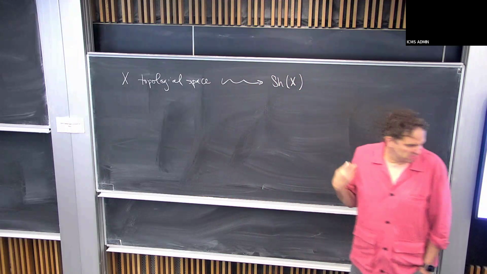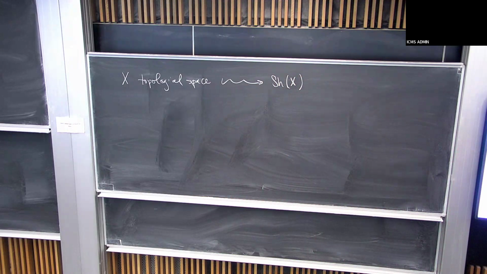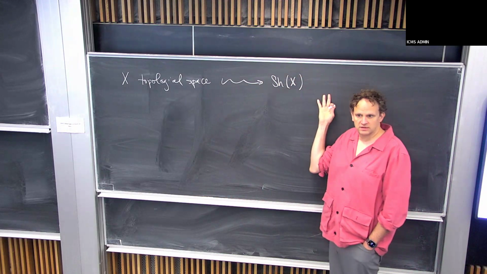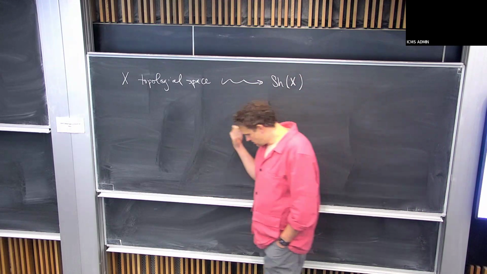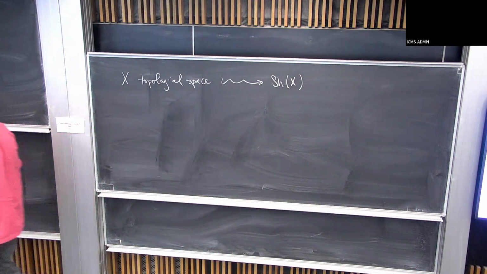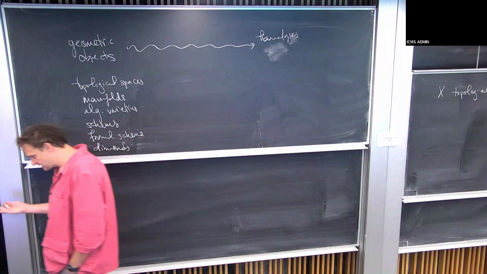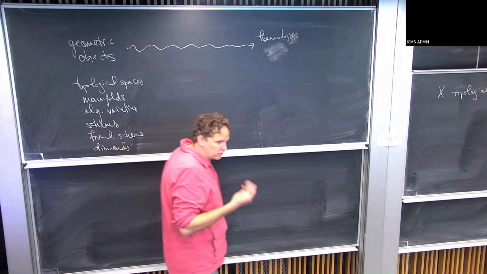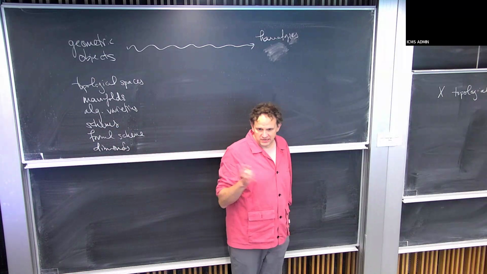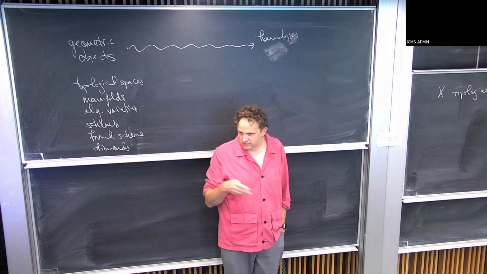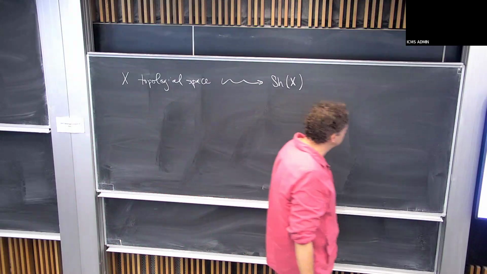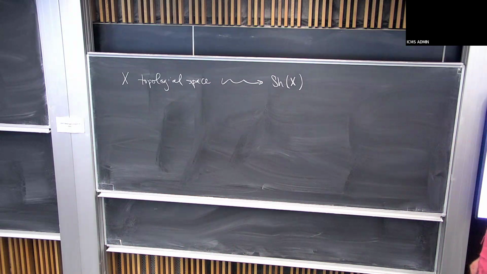For now, you can just think of this as the ordinary category of sheaves of sets on X. If you like fancier things more, you're welcome to think of this as the infinity category of sheaves of anima. That's what I prefer to think about. I will be sloppy and say category when I mean infinity category. So if you have a question about which one I mean, it's probably infinity category, but feel free to ask.